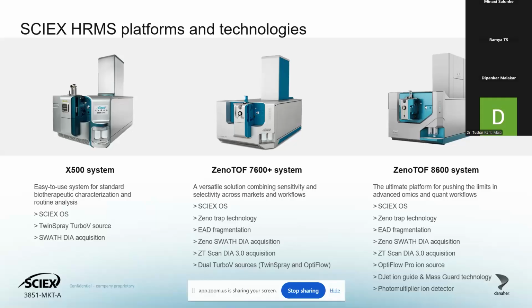It also has DJ ion guide and mass guard technology. The detector is a photomultiplier ion detector, which will give you more stability in the data, and the life of the detector is much higher compared to the earlier model. So this is one of the 8600's features.